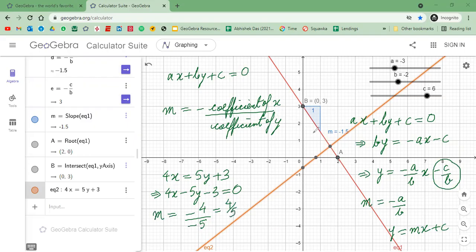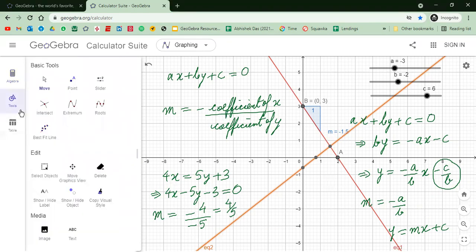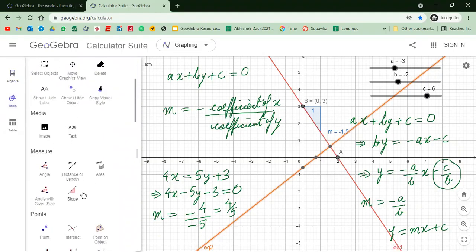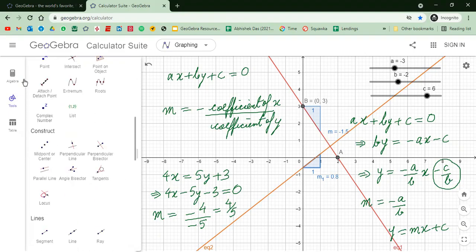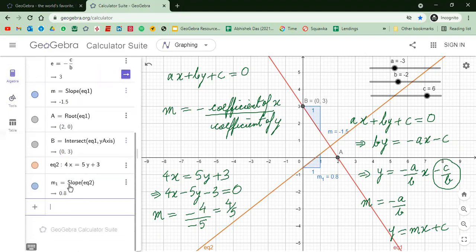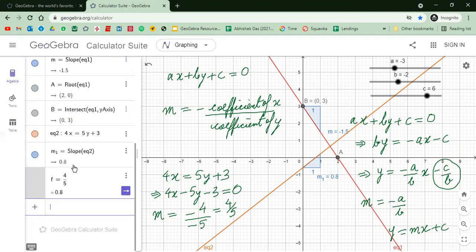Now let's check the slope of this line. I'll go to this tool button again and check the slope. Okay, the slope is 0.8. Now let's see what is 4 upon 5. It should also give you 0.8.